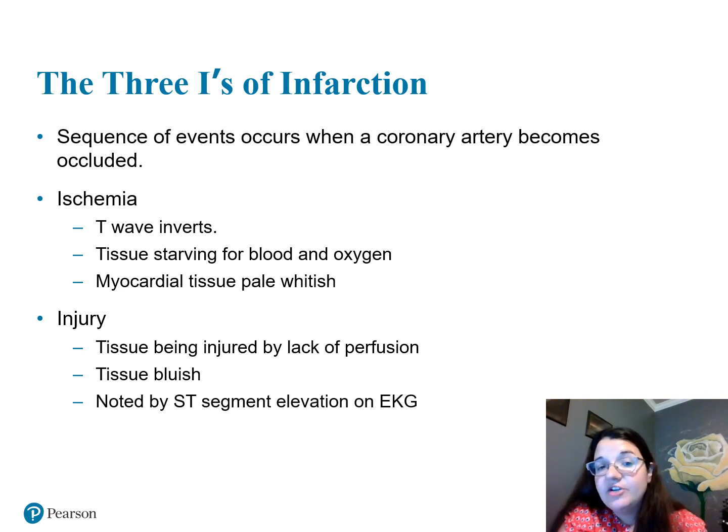The tissue is then going to become a bluish color, and it'll be noted by an ST segment elevation. So if I am ischemia, that means my T waves are inverted, my tissue is starving at this point, and my heart tissue is going to look like a pale white color. But if I am an injury, I'm going to have an ST segment elevation. My tissue is going to appear to be like a bluish color, and I am lacking perfusion.